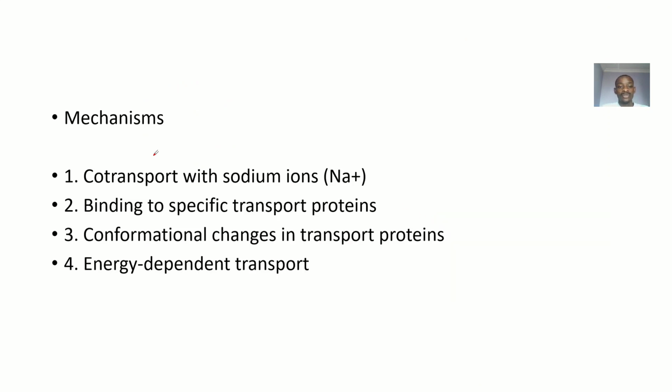So the mechanism is: the co-transporters utilize sodium ions. Co-transporters with sodium ions will bind to what? Specific transport proteins, right? Then conformational changes will occur in the transport proteins. It's basically an energy dependent transport, okay?